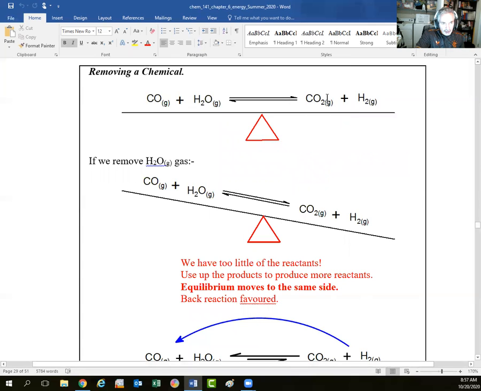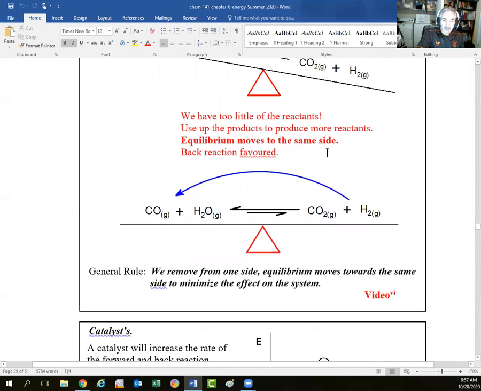Well, again, imagining our scales, we've got the two sets of chemicals balanced either side, and when we remove a chemical, it's going to make that side lighter. So the response of the system when one side is too light is to redistribute the weight, move across to the side where the chemical was removed, so we can regain balance, regain equilibrium.